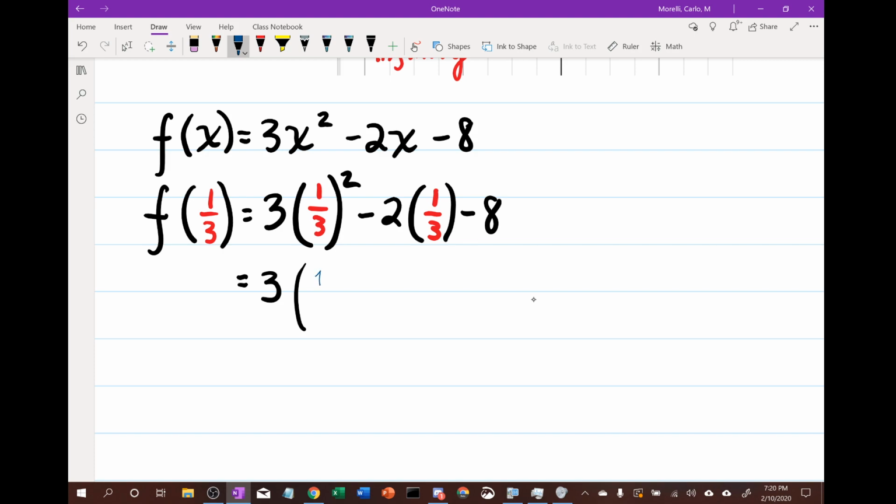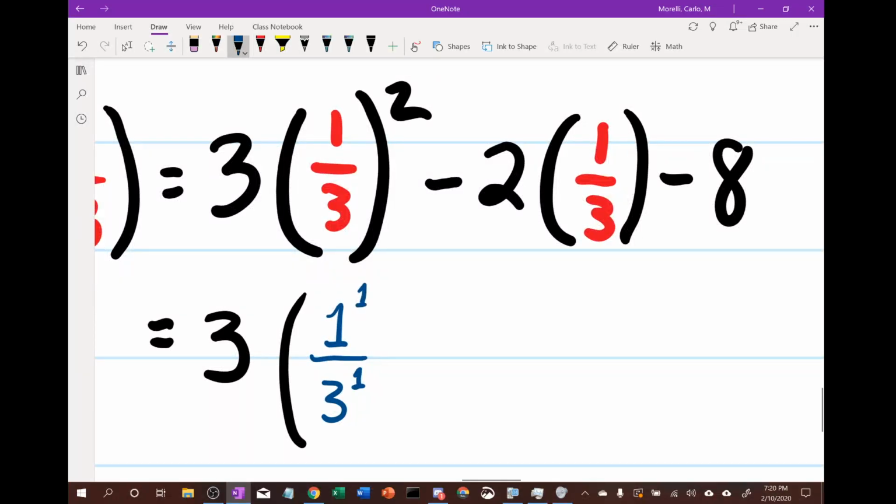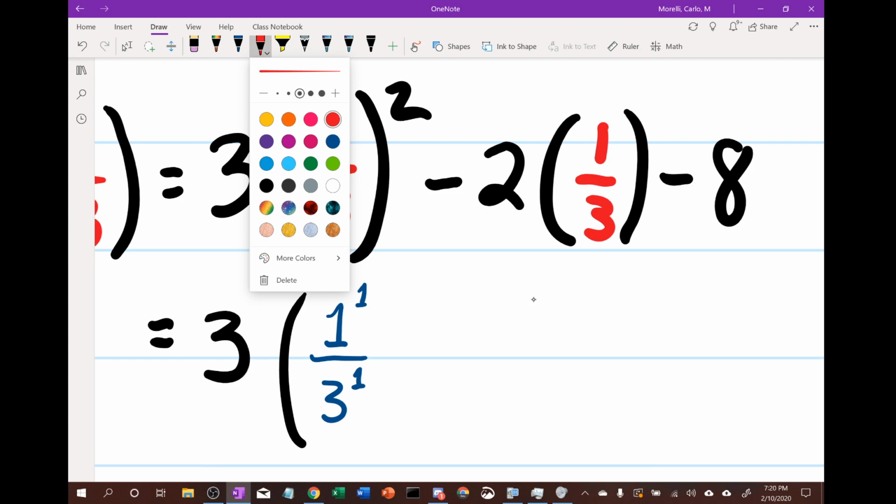That's 1 raised to the power of 1 over 3 raised to the power of 1. And then I'm going to multiply the exponent of 2 times each of those exponents of 1.